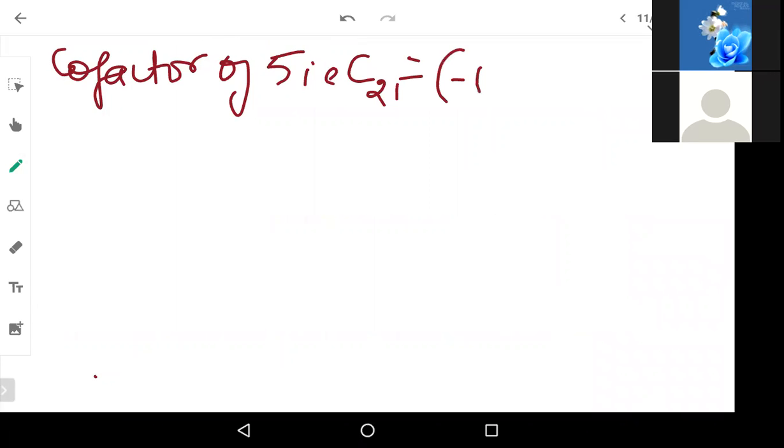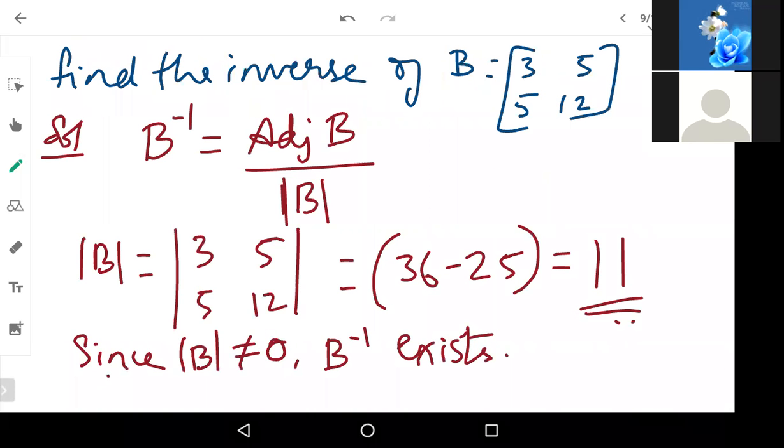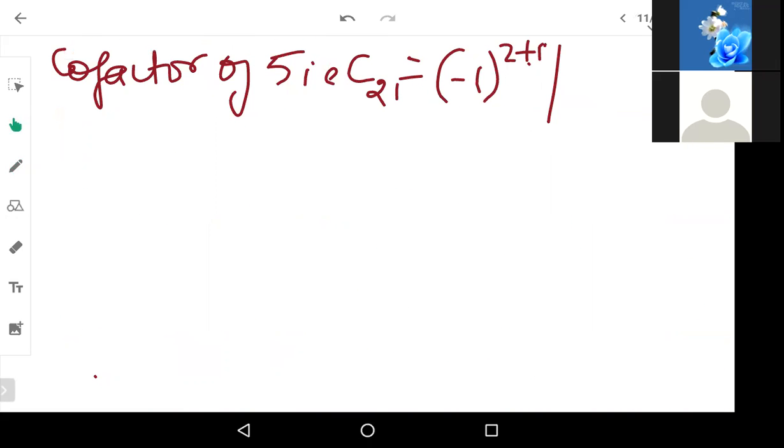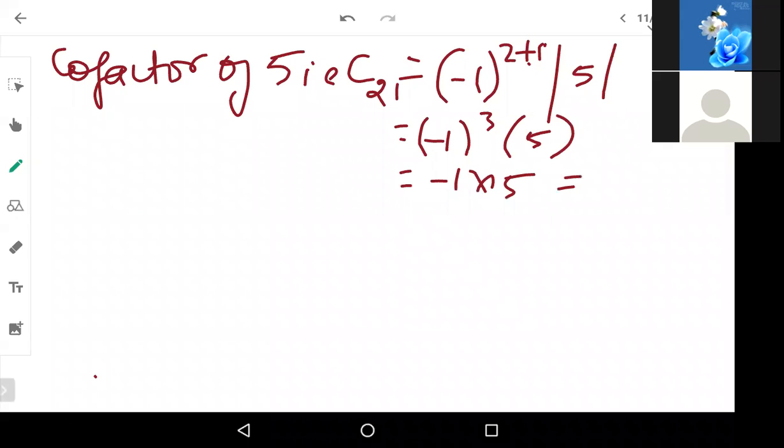So, -1 to the power second row plus first column into the minor. The minor of 5 is 5 again. So, you will have -1 to the power 3 into 5. So, -1 into 5 is -5.